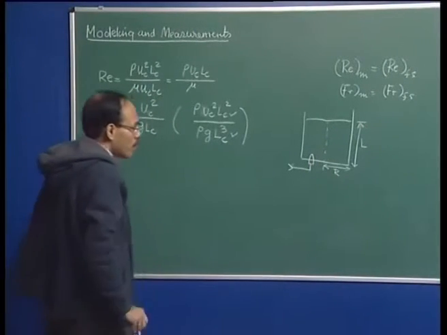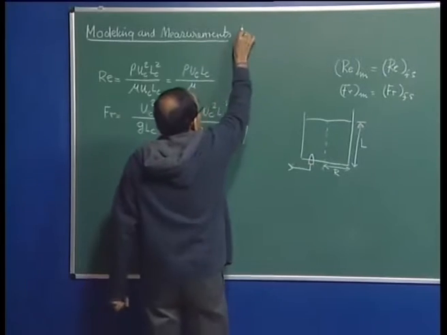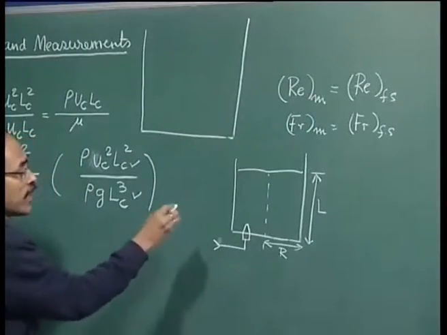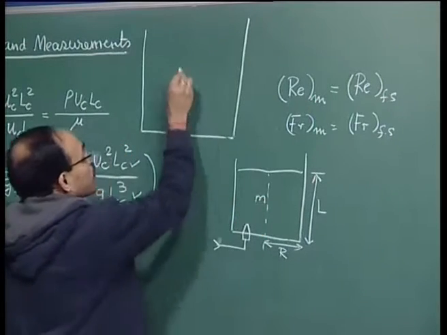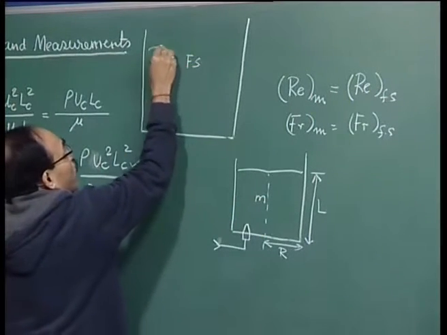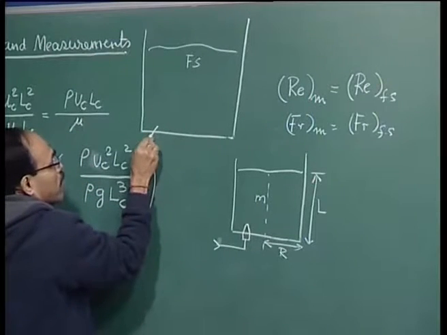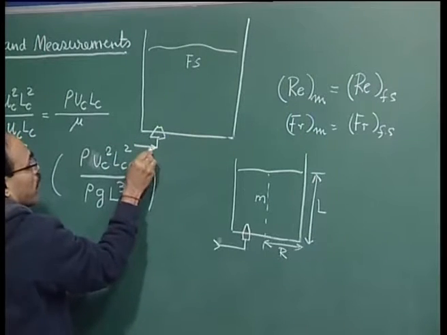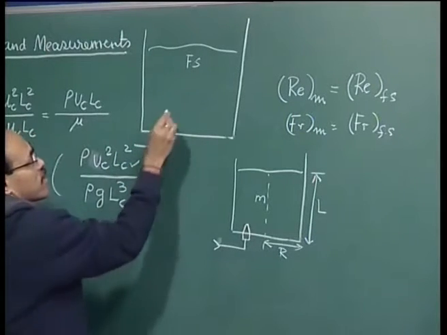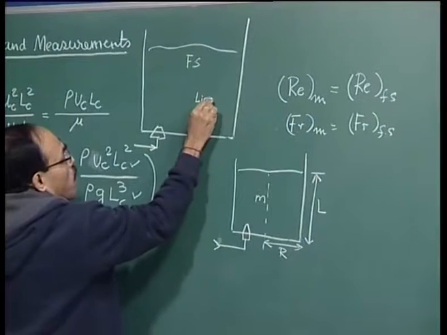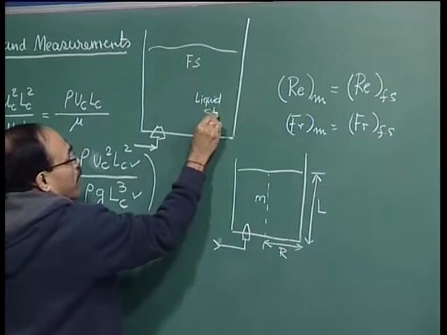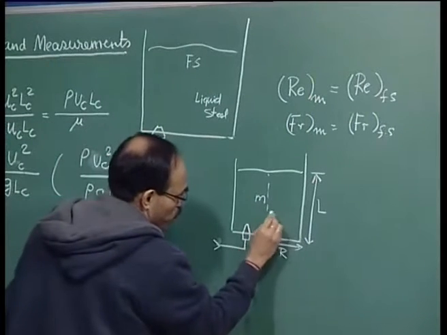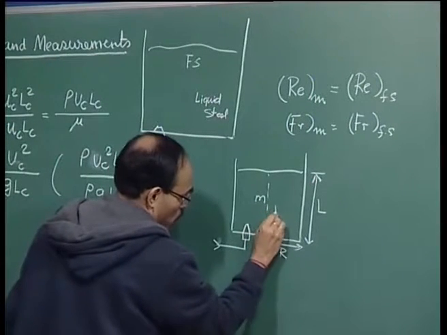Now, suppose the full scale system which contains molten steel is this, and this is the model system, and this is the full scale system, and similarly we have a porous plug here, and through the porous plug we have argon injection, and this is liquid steel, and suppose for the time being I say that I use a fluid which is water.